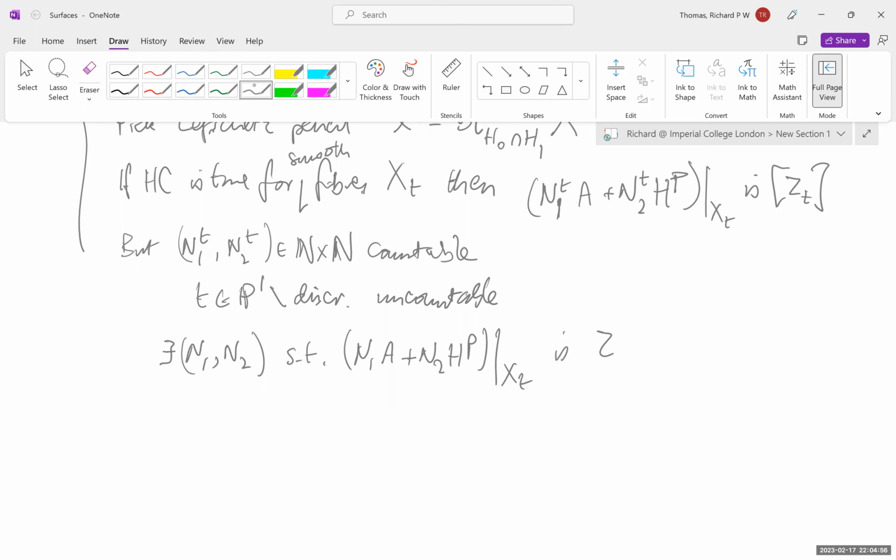Is effective algebraic for infinitely many t in P1.